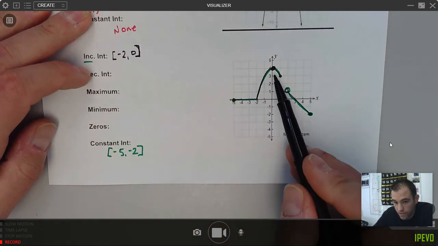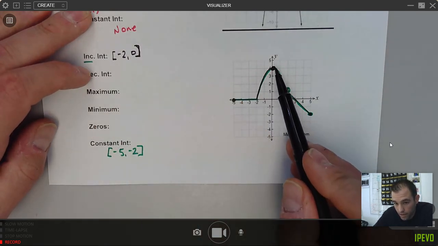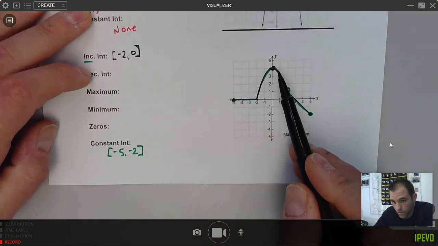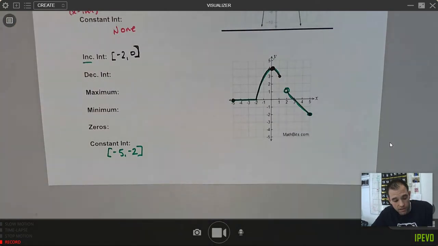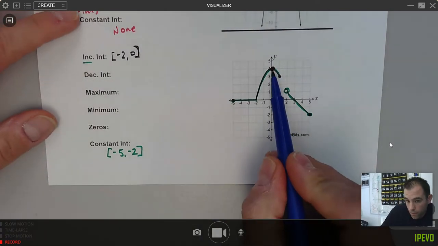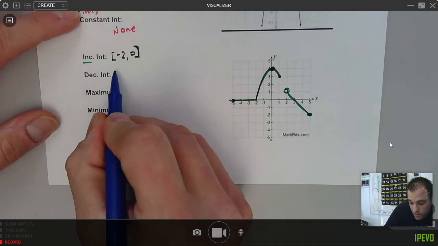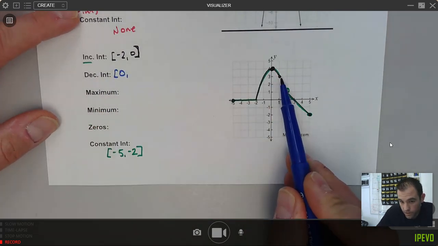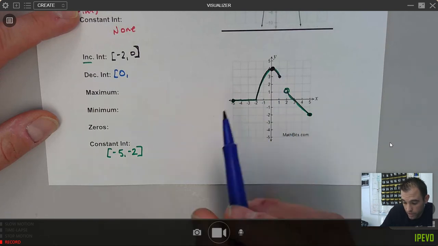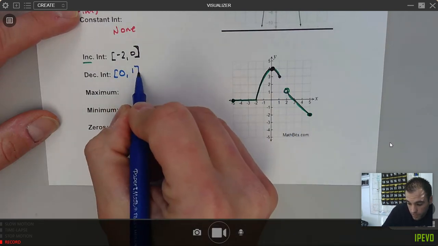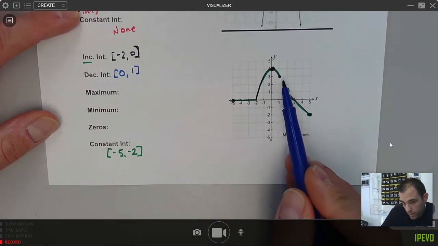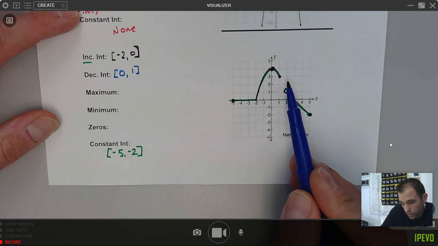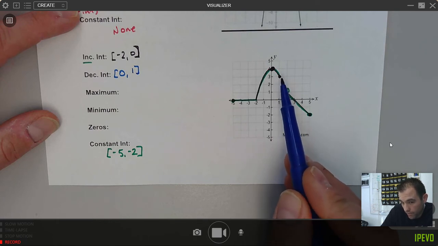Once you get to 0, the graph starts to decrease. For the decreasing part, we're actually going to have two answers here. At 0 it starts to decrease, and it decreases to this point. So from 0 to 1, it decreases. And then there's a gap in our graph.